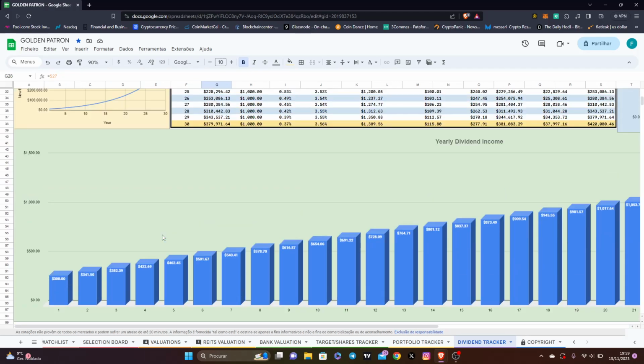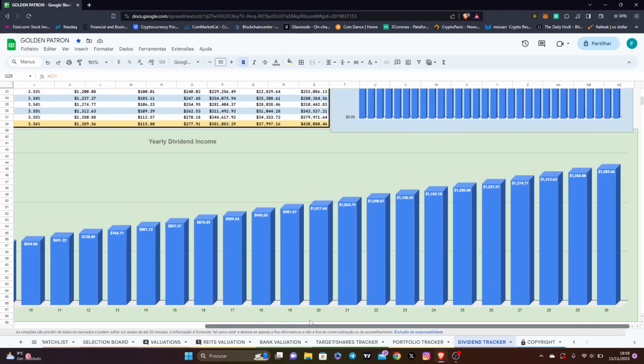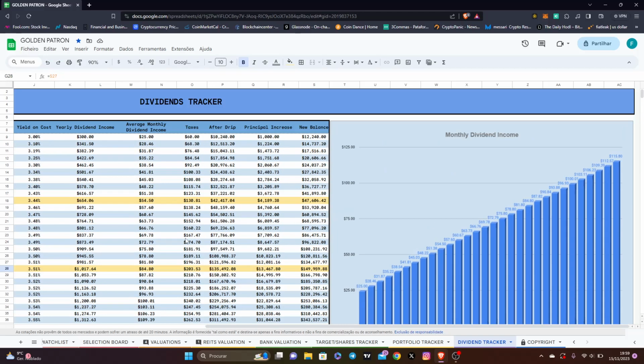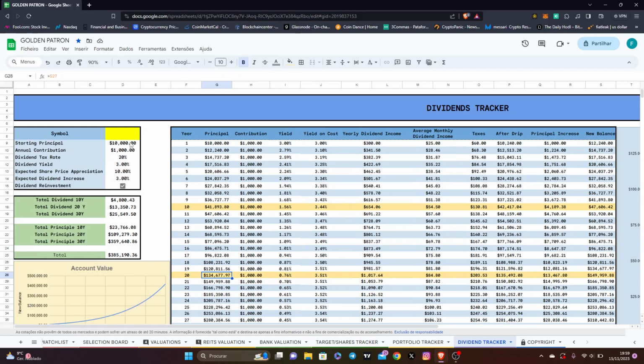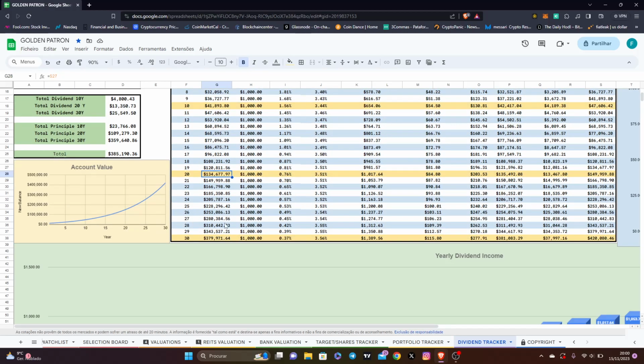And this right here is the yearly dividend income. What this shows us is how much we'd be making yearly. It would be $300 in our first year, but after 30 years, you would be making $1,389. So very simple but very effective, and it shows you, if you're consistent and disciplined, how much you could accumulate over time.